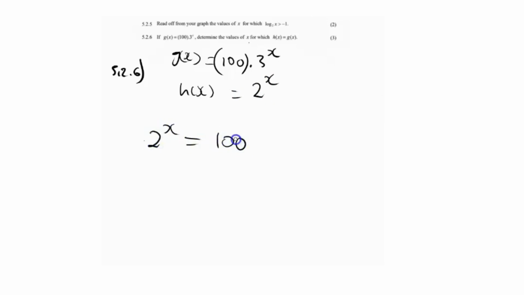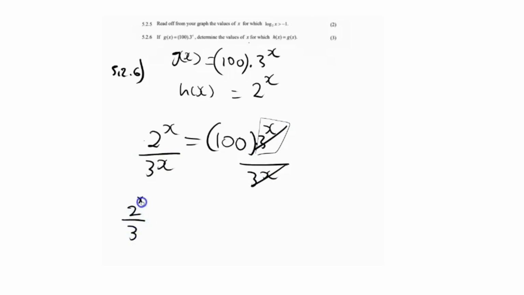Very easy, this one. Now I know most may be confused: how are we going to do this if the bases are not the same? So remember, first of all, let's shift this to the other side. We just want to divide on both sides, and this will cancel each other out. So now here on the side we have 2 over 3, both of them to the power x.